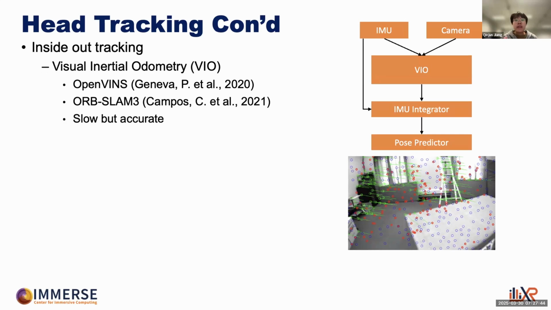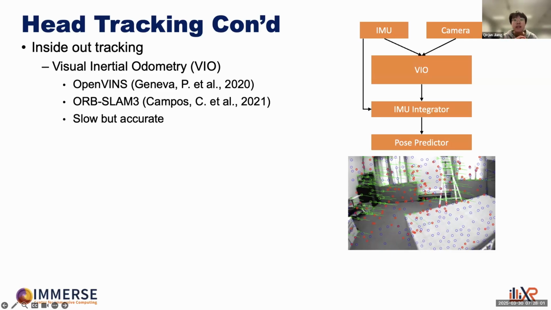So there are tons of VIO algorithms and implementations out there using different feature representations, feature tracking methods, and pose estimators. So in ILLIXR specifically, we support OpenVINS and ORB-SLAM3.